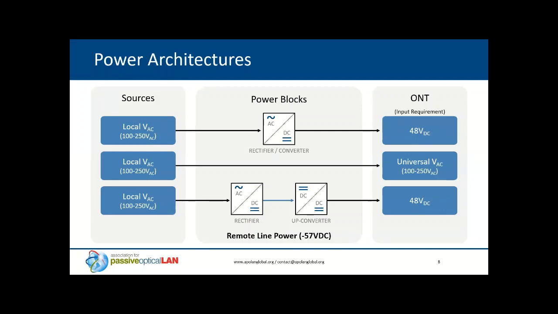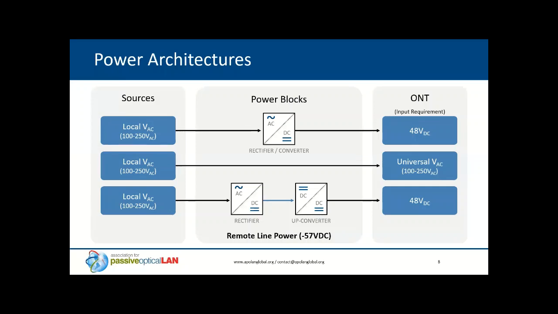In the second power block, you can see it's taking AC all the way to your edge electronic device, or to your ONT. That's with an internal power supply built in. So you're running your AC direct input. This is something you would think of maybe like your television at home, where you're taking a power cord from that AC, but your converter or your PSU is actually built into the electronic device, or the ONT in this case. You see that a lot with our rack-mounted ONT type solutions.